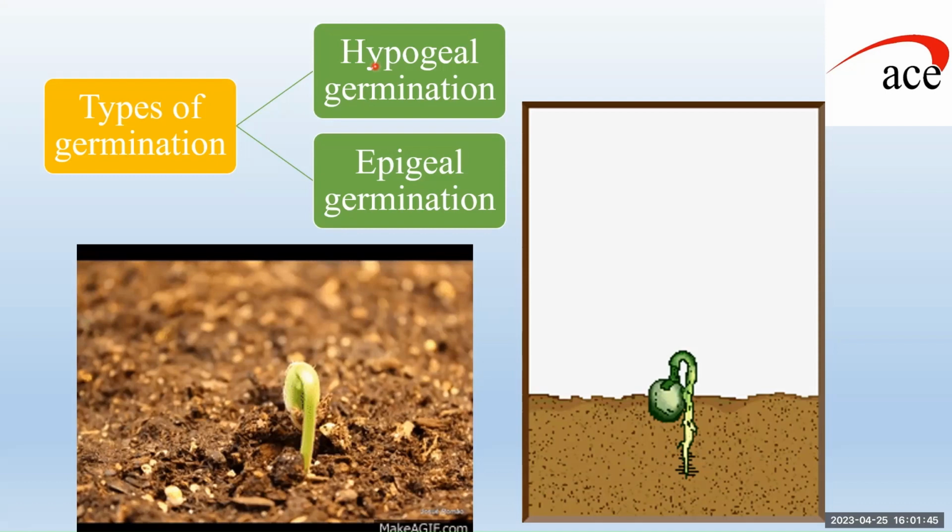Remember one thing: hypogeal germination is usually seen in monocotyledonous seeds, and epigeal germination is mostly seen in dicotyledonous seeds.